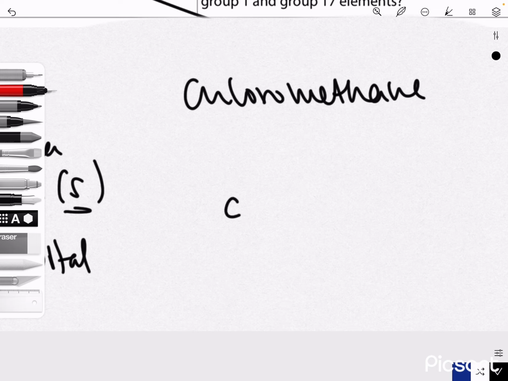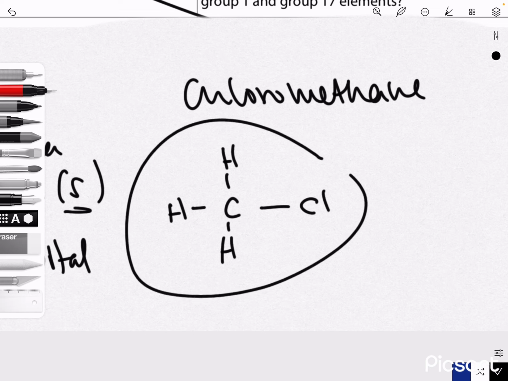So chloromethane, just draw this quite nicely. Here we can see that we have an overall dipole moment, which means an overall unequal distribution of charges across the molecule.